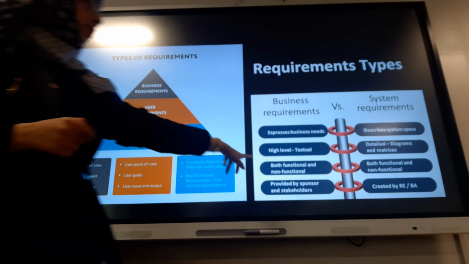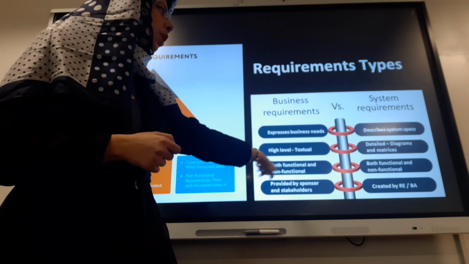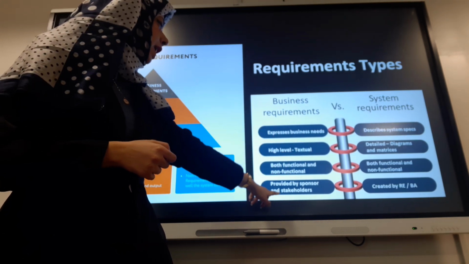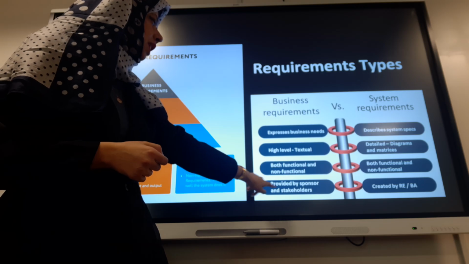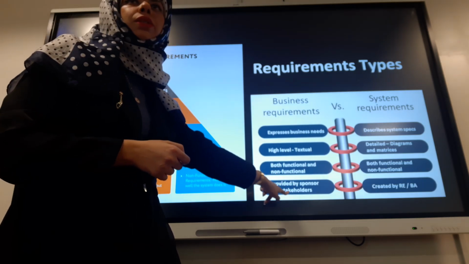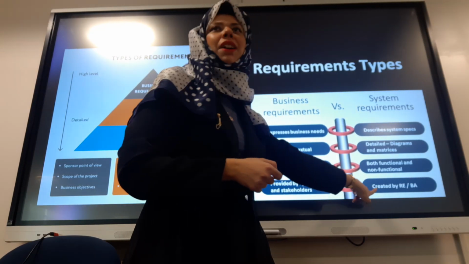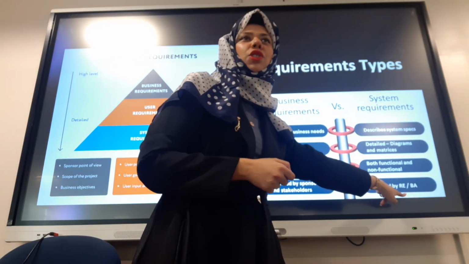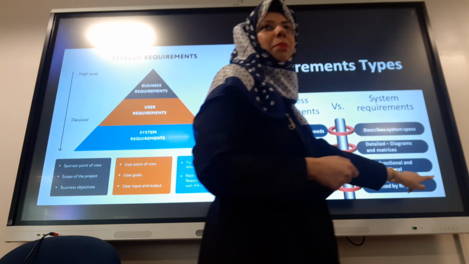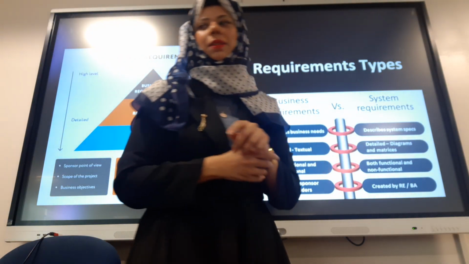Usually, you can use functional and non-functional requirements under both of them. And this one is usually provided by the sponsors and the other stakeholders involved. But the system requirements are created by requirements engineers and business analysts, right?